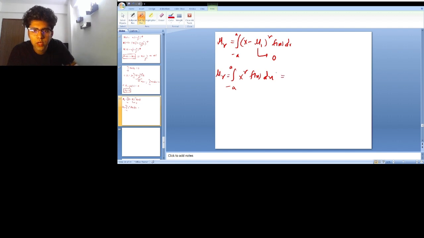But we also know that this is equal to mu r dash, right? Why? Mu r dash says that we evaluate the integral from minus a to a of (x minus 0) raised to the power r fx dx, because mu r dash is the rth moment with respect to the origin. This is with respect to the origin, right? And this is with respect to the mean.